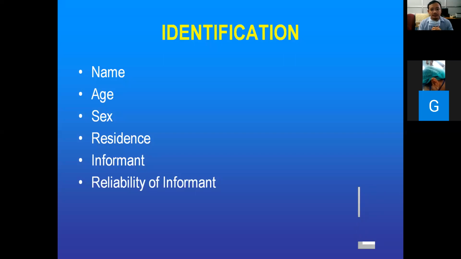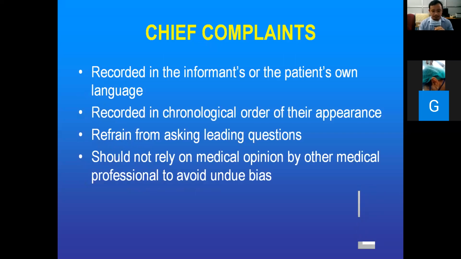After identification of the patient, next is chief complaints. Chief complaints are the complaints with which the parents or the child present to us. They should be recorded in the informant's or patient's own language, in chronological order of their appearance. Refrain from asking leading questions, and do not rely on medical opinions by other medical professionals.